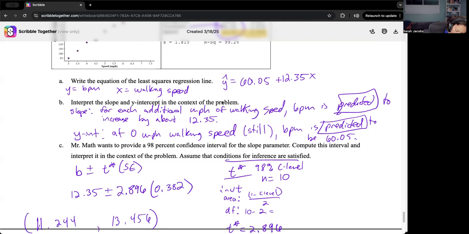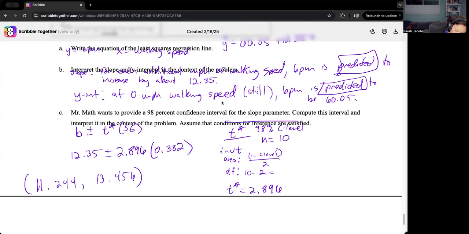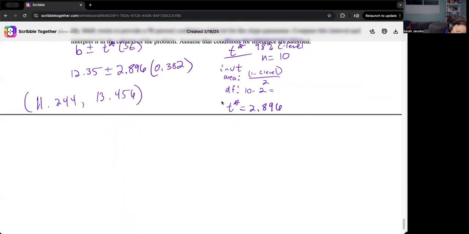Compute this interval and interpret it in the context of this problem. So, interpret it.